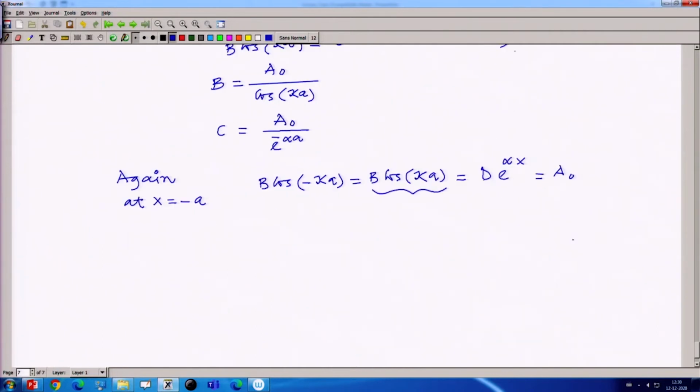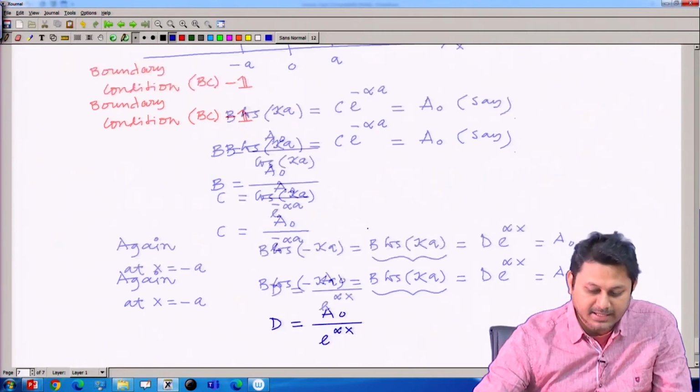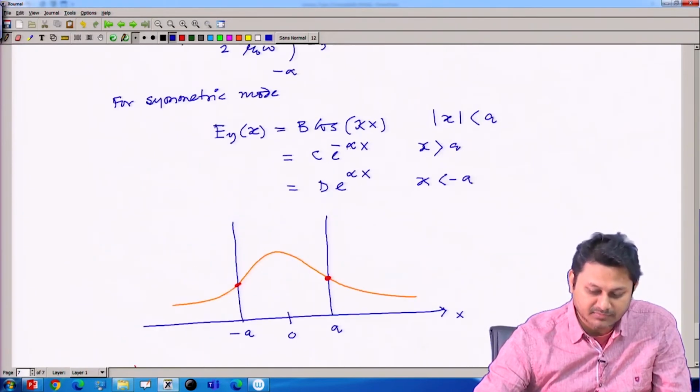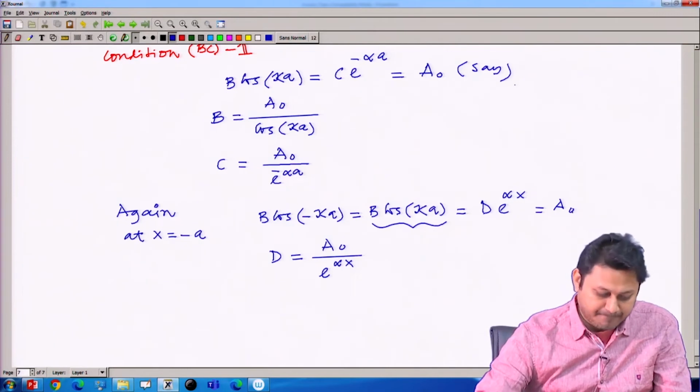So, I can have the value of d from this expression as a 0 divided by e to the power of alpha x. So, I have all the values b, c and d, which are the constants of these fields, in terms of a single constant a.